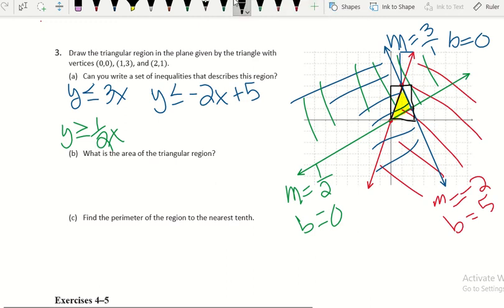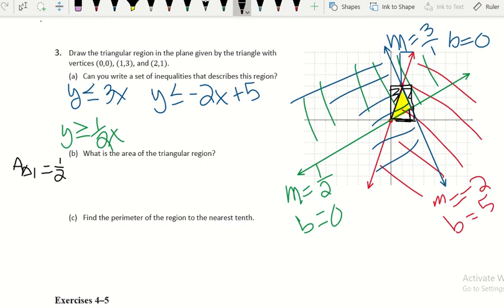So we can just kind of label the regions for ourselves. So we could call this region 1 here, here's 2, 3, and then we can go find the area. So the area of triangle 1, remember, is 1/2 base times height. And then the base for triangle 1 here is that long.